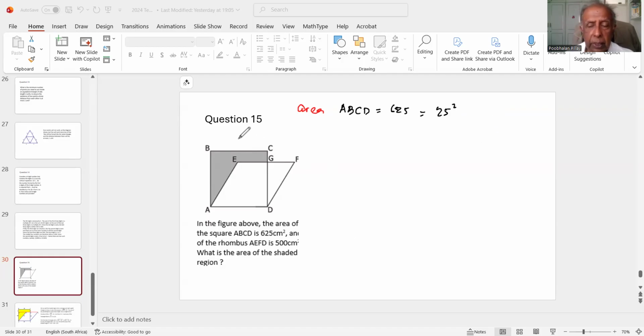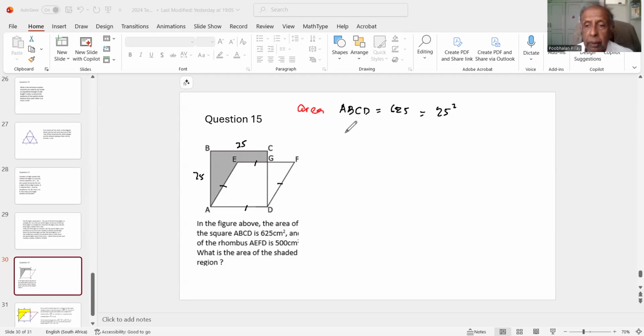So the side of the square is 25. So they give you that ABCD has a side of 25, and the area of the rhombus. Now, this is the rhombus. It means all the sides are equal, but the angles are not 90 degrees. The area of the rhombus is 500.